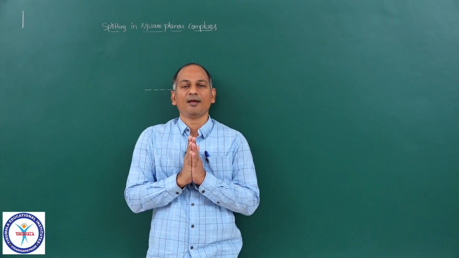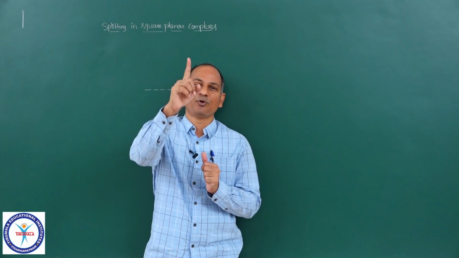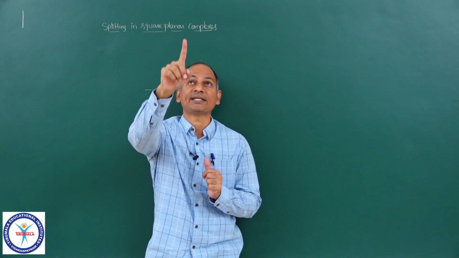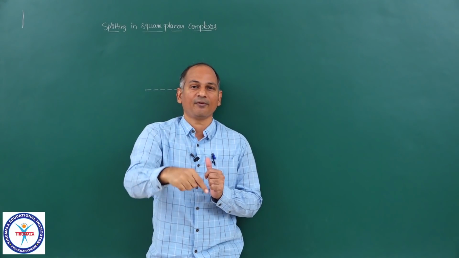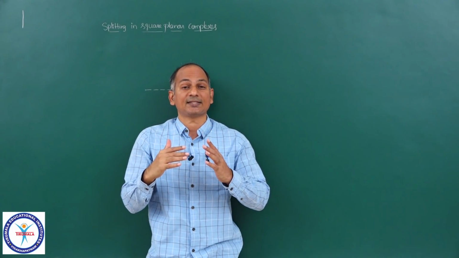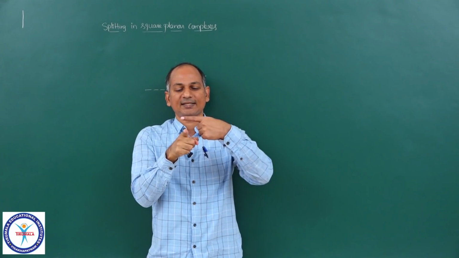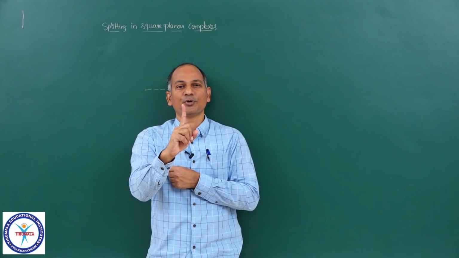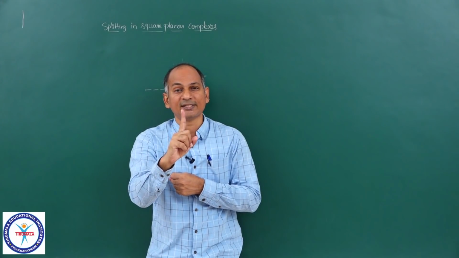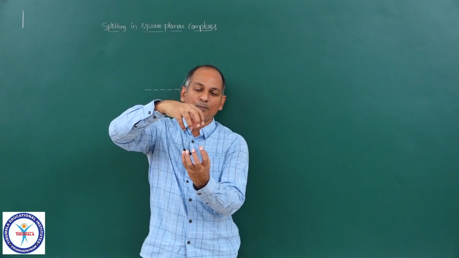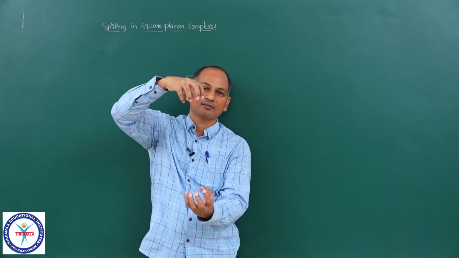Now just imagine the ligand above you and the ligand below you, the center of the ceiling and the center of the floor. That means the ligands along the z-axis. We have taken this as the x-axis, this as the y-axis and this as the z-axis. Suppose those two ligands along the z-axis move away from each other.